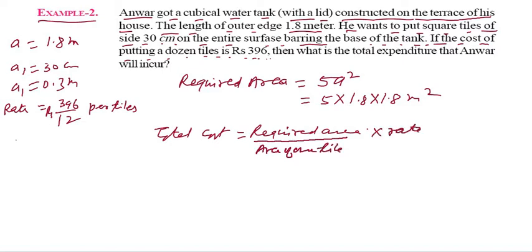So area of one tile, you can write here, is equal to 0.3 square, that is 0.3 into 0.3.